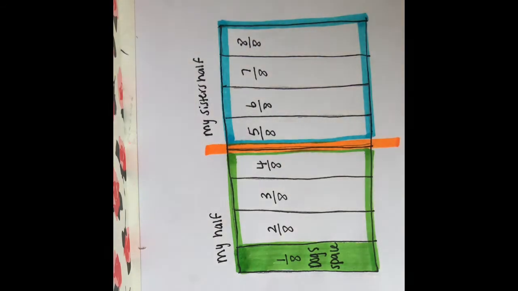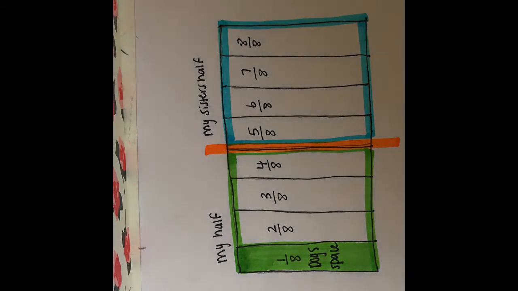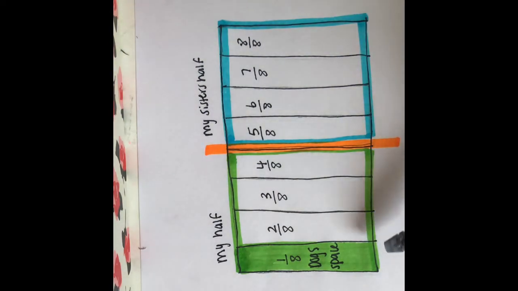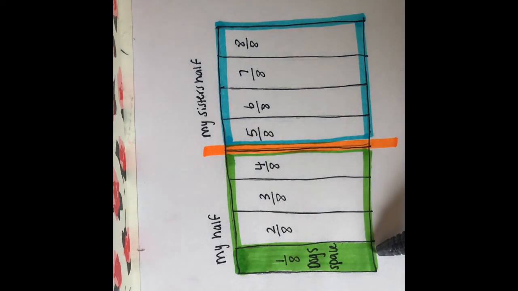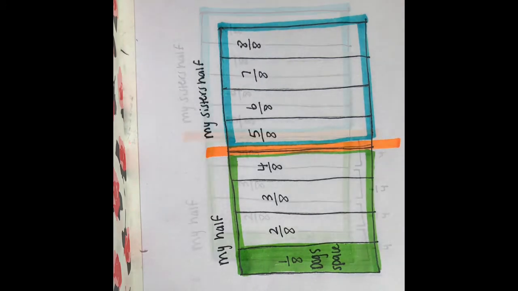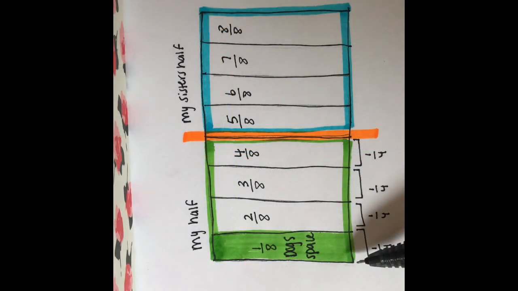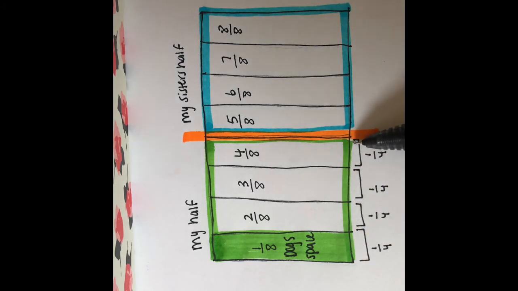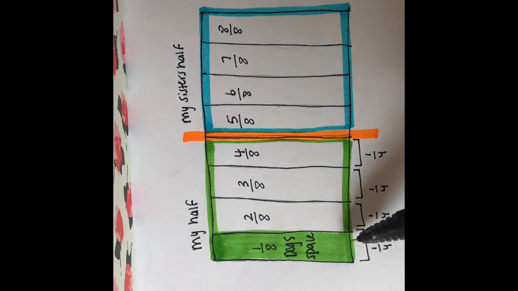So I figured out what 1/4 of 1/2 is, and my dog ended up getting this 1/8 of the entire room, or a fourth of my half. Also, I meant to show that each space in my half represents 1/4. So this is 4 out of 4 pieces of a whole, but my dog gets an eighth out of the 8 out of 8 spaces, or she gets 1/4 out of the 4 out of 4 spaces.